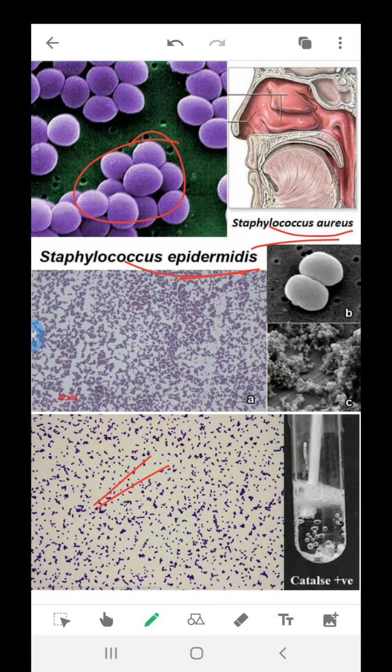Now, what are the diagnostics? Staphylococci are recognized in clinical samples by gram staining and their characteristic morphology: gram-positive cocci in grape-like clusters. They can form round, often beta hemolytic colonies on agar. The aureus refers to the gold color of the colonies.